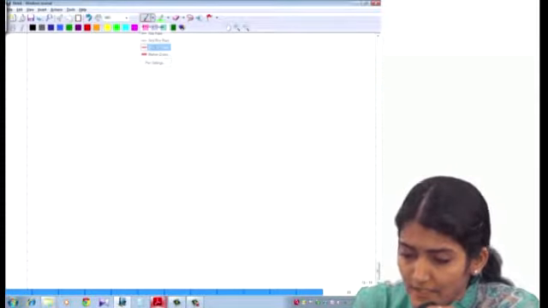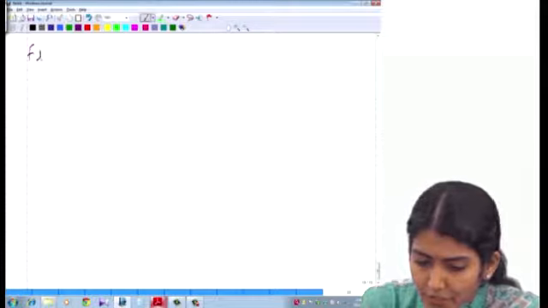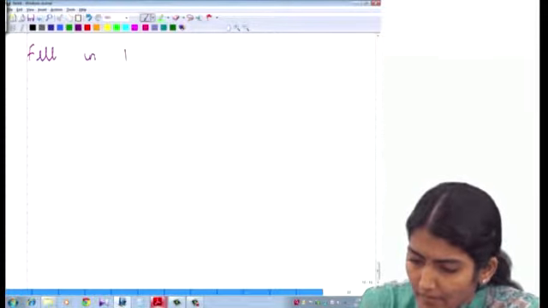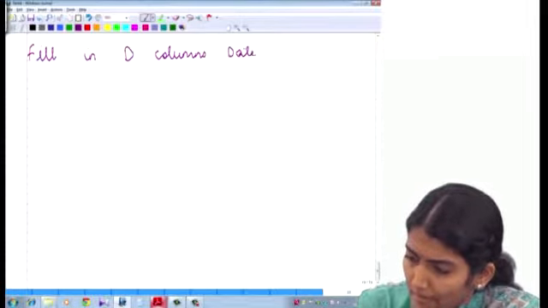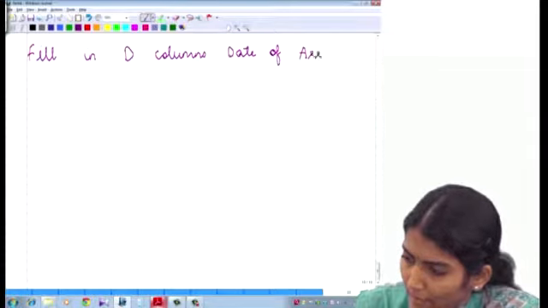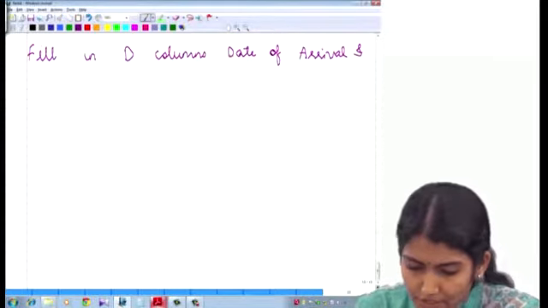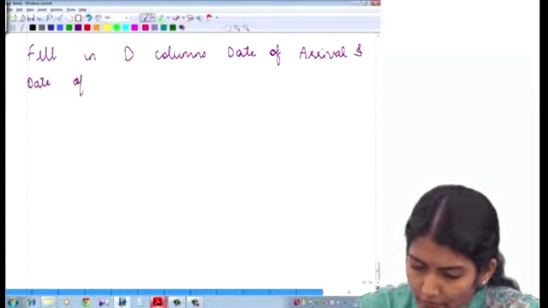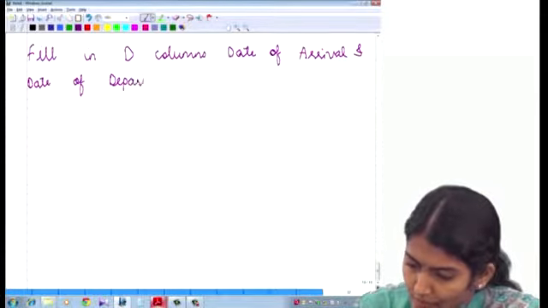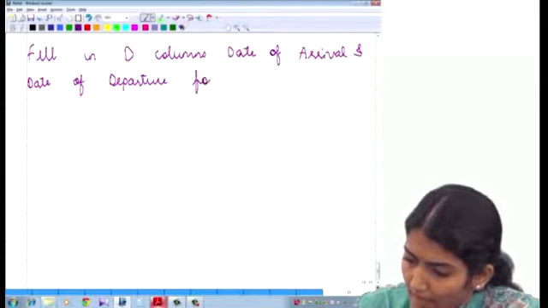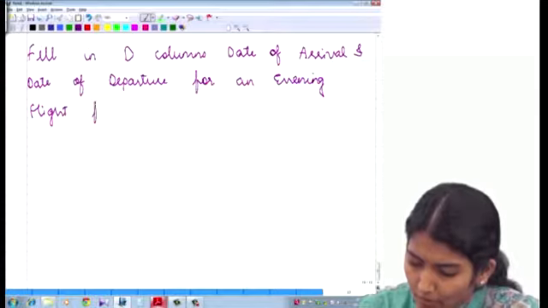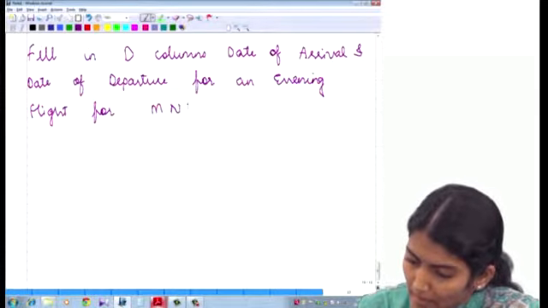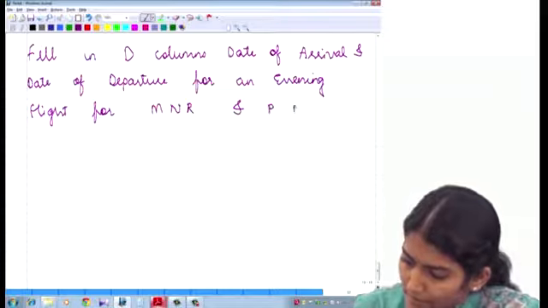Right. So if I tell you that you need to fill in the columns for the date of arrival and date of departure for an evening flight for MNR and PNR.